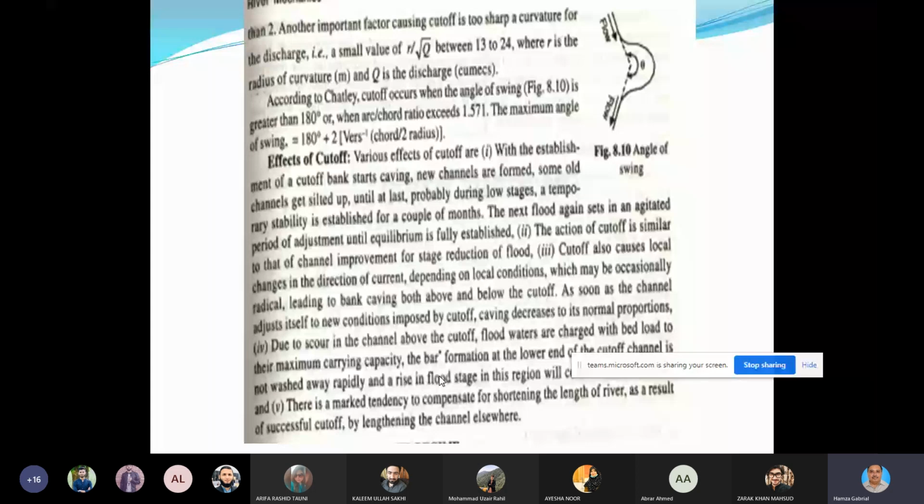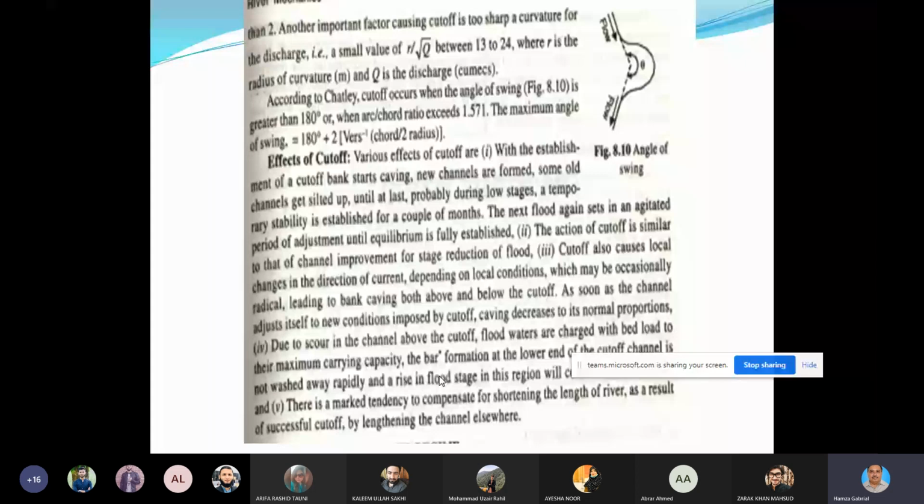Now once a cutoff is formed, the river follows a straight path, and this will also have an effect on the arrival of the flood waves or flood peaks, because now the river is flowing in the shortest path and the arrival time will decrease.